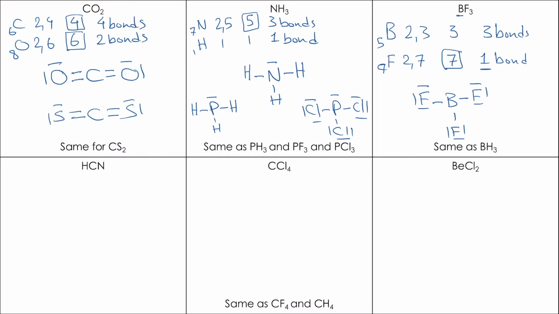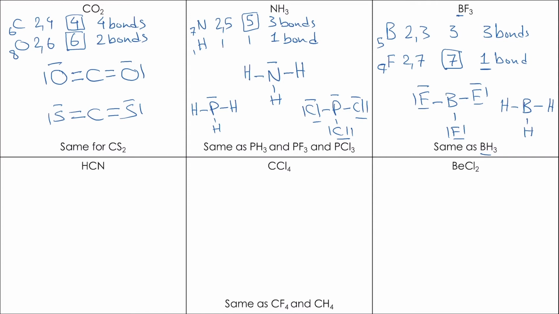Boron has no lone pairs because boron has only 3 electrons in the last shell. Boron is an exception. It is satisfied by having 6 electrons. Same with BH3. We just draw the same Lewis structure, but without lone pairs surrounding hydrogen because hydrogen has only 1 electron in the last shell.